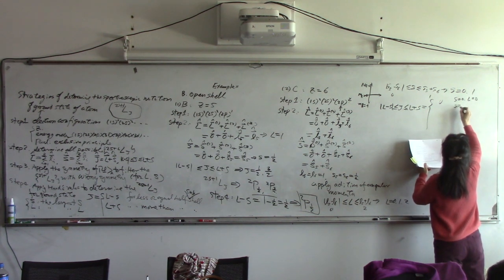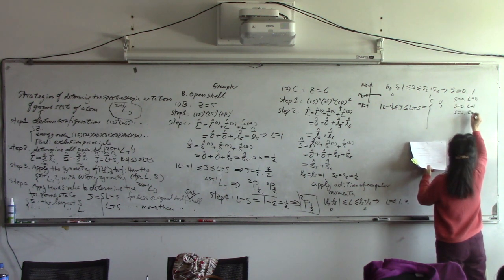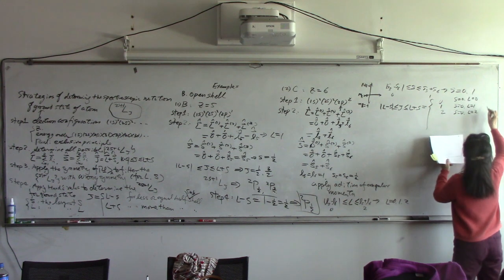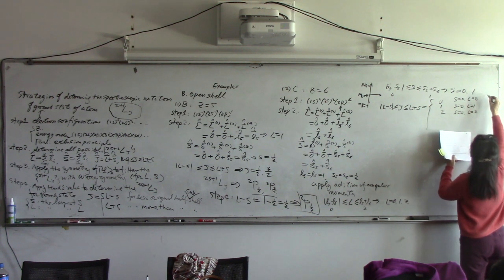If S equal to 0, L equal to 1, then J is 1. S equal to 0, L equal to 2, J is 2, right?